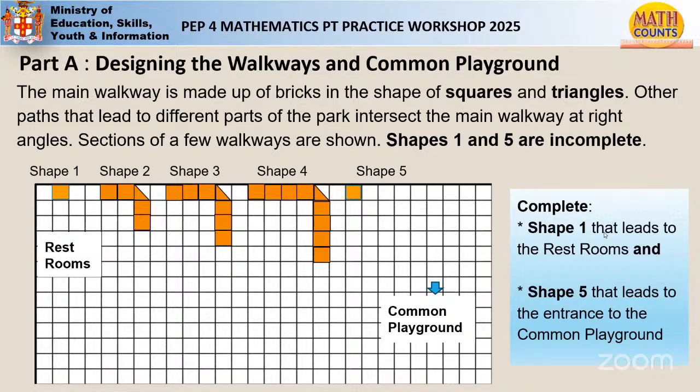What's your name? Tweedside. Oh, my bad. I'm so sorry. Shape 1 would need 1 triangle and 2 squares. Shape 1, you're saying 1 triangle and 2 squares. All right, we're going to check that out and see. Thank you so much, Tweedside Primary.